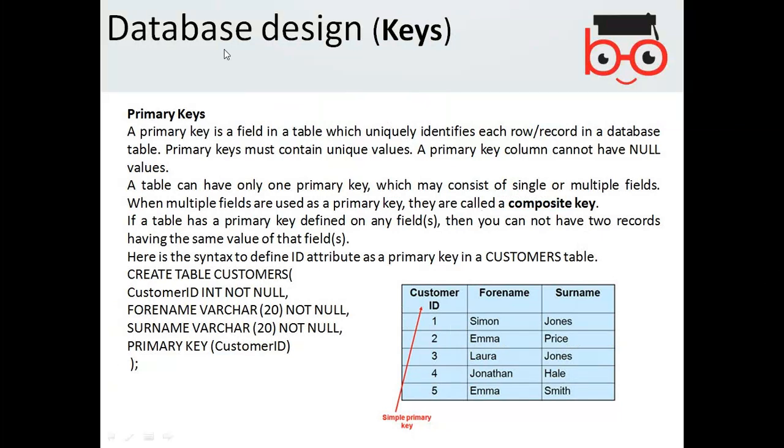It must be a unique value and cannot be null. So customer ID uniquely identifies a customer. It is always unique and it cannot be null.